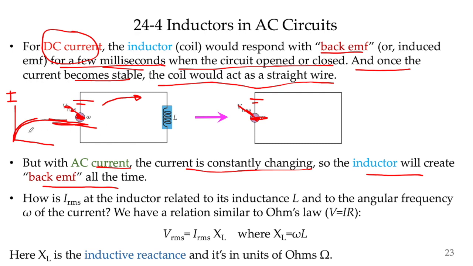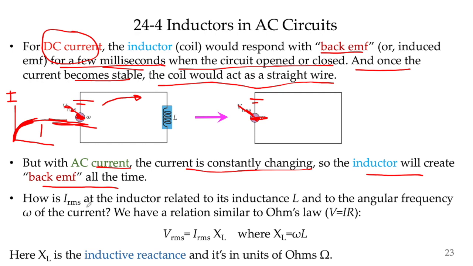But when the current changes, which also happens in DC circuits initially for a millisecond, the inductor creates a back EMF. It induces a current in the opposite direction. But after some point in DC circuits, it doesn't happen. In AC circuits, it happens all the time. So the inductor creates back EMF all the time.